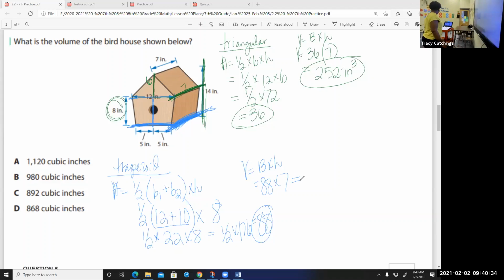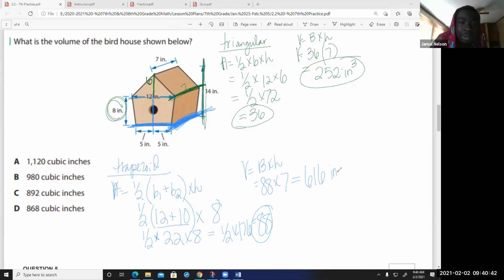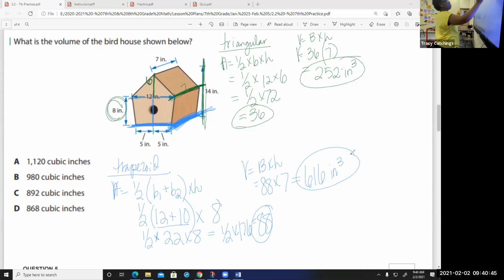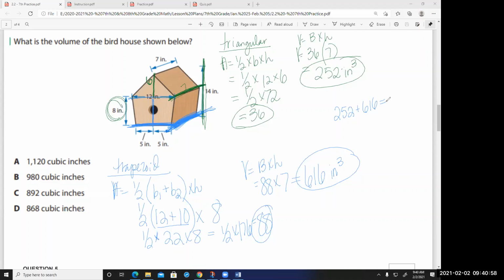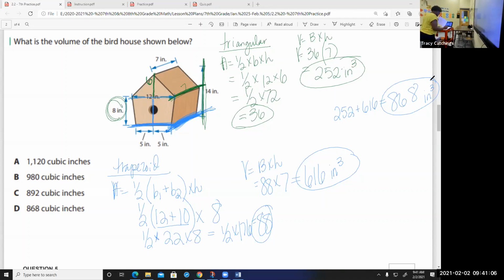All right, multiply that. 616. All right, we have found the volume of both. Add them up. 868. 868 inches cubed. Good job. Don't forget it. Any questions about it?